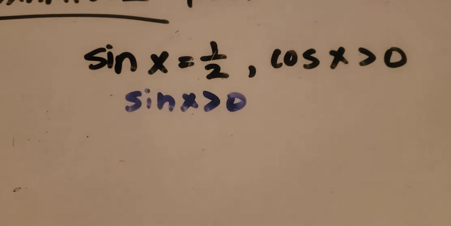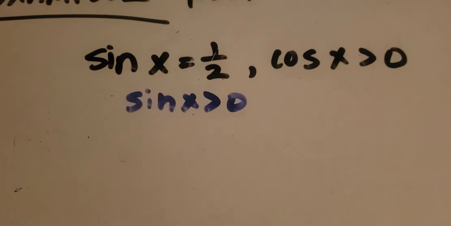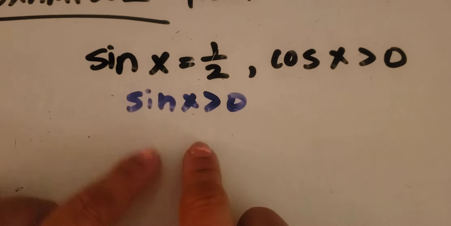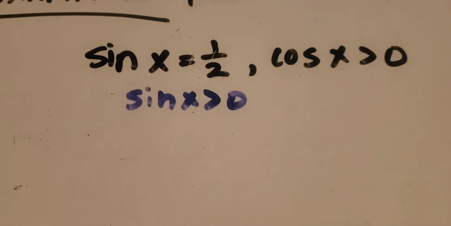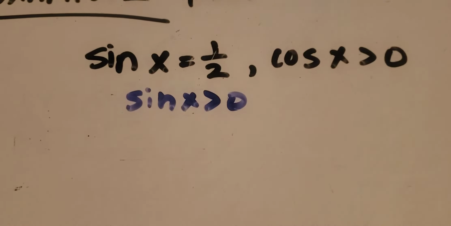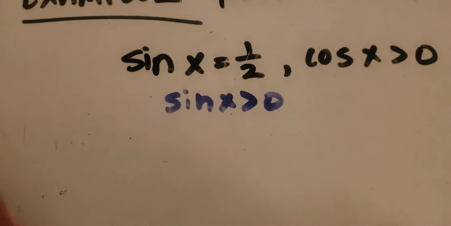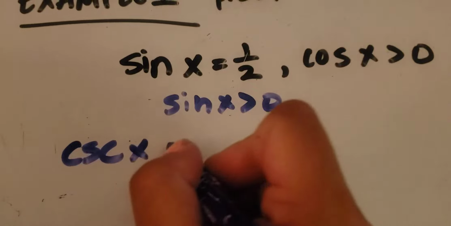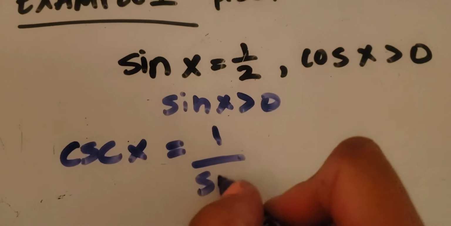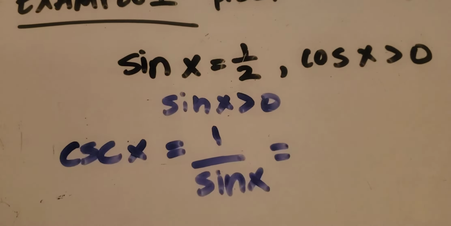All right, let's get started with the first one. The only value that I'm given is sine of x, and we know that sine of x is the reciprocal of cosecant. So technically, I can find the value of cosecant, because cosecant of x is the same as 1 over sine of x, okay?